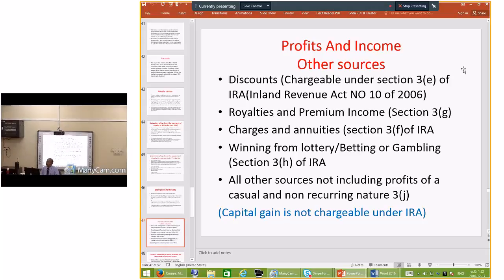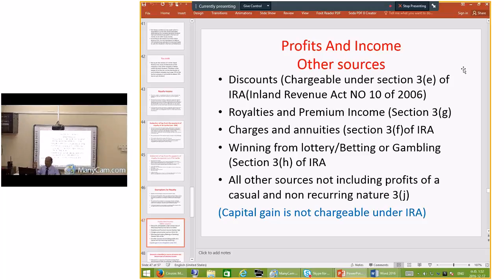Discount also. Section 3E describes royalty and premium income. Then one has to say what the royalty and premium income is. We learned how to compute the rent income, no? Madam explained, no? Rent income is a very simple formula.